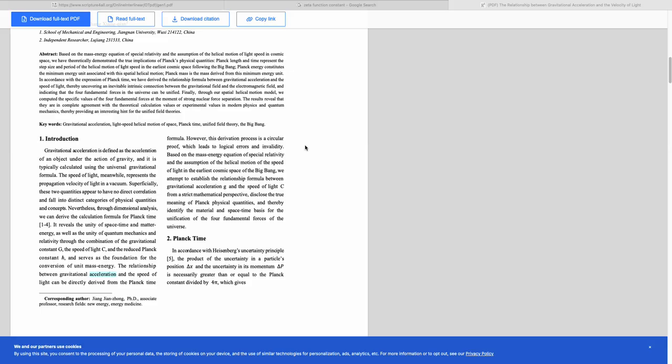Based on the mass-energy equation of special relativity and the assumption of the helical motion of the speed of light, the earliest cosmic space of the Big Bang, we attempt to establish the relationship formula between gravitational acceleration g and the speed of light c from a strict mathematical perspective, disclose the true meaning of the Planck physical quantities, and thereby identify the material and space-time basis for the unification of the four fundamental forces of the universe.